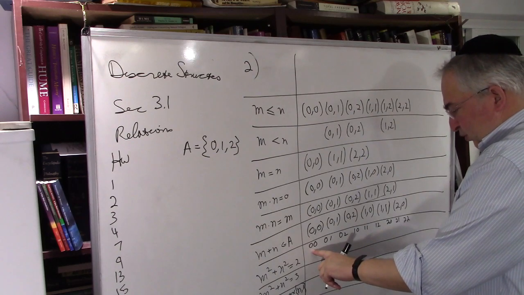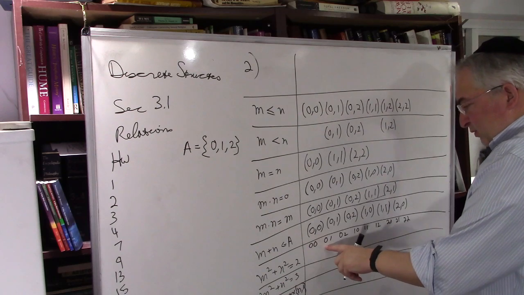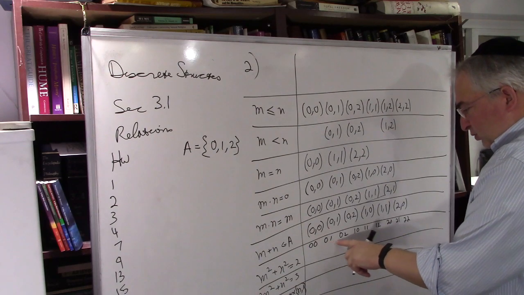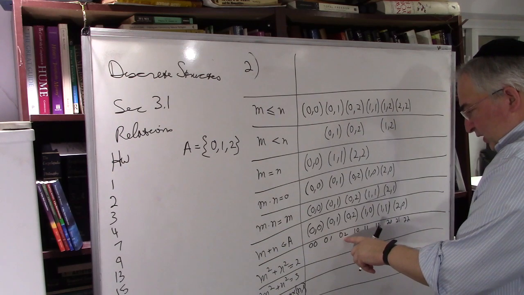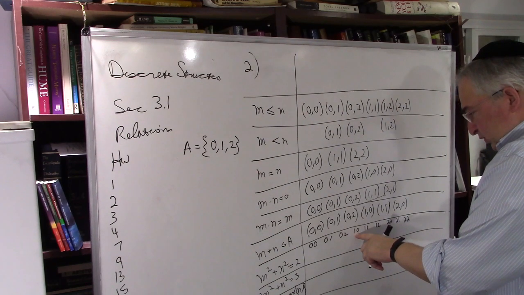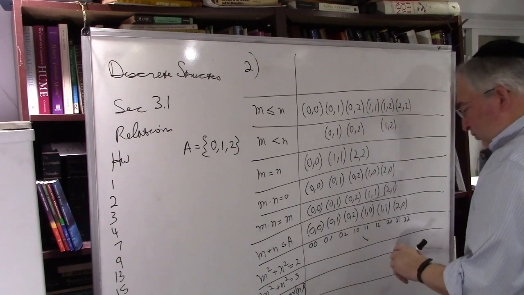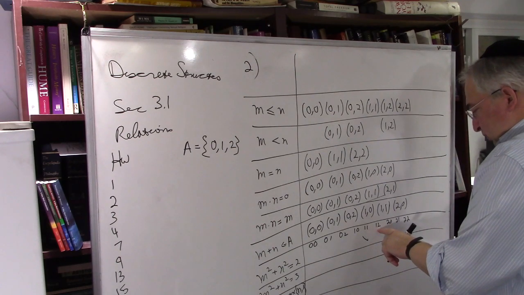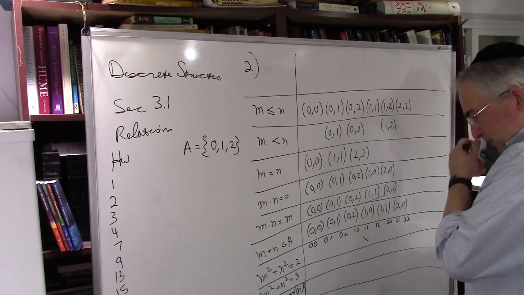Those squares, 0 squared plus 0 squared is not equal to 2, so it's not in there. 0 squared plus 1 squared is not equal to 2. 0 squared plus 2 squared is not equal to 2. 1 squared plus 1 squared is equal to 2, so that's good. Great.